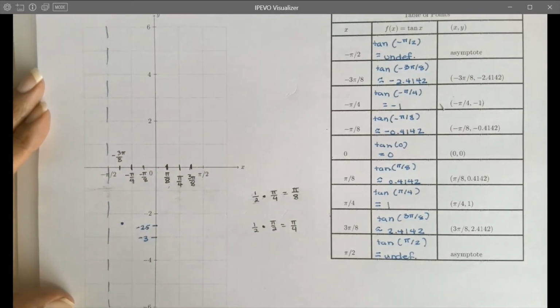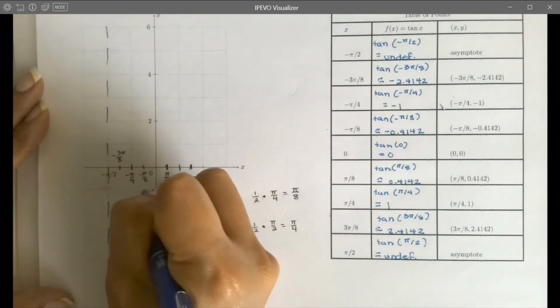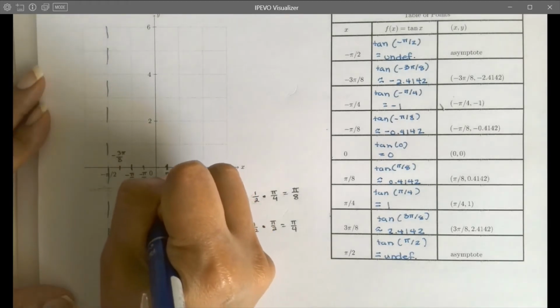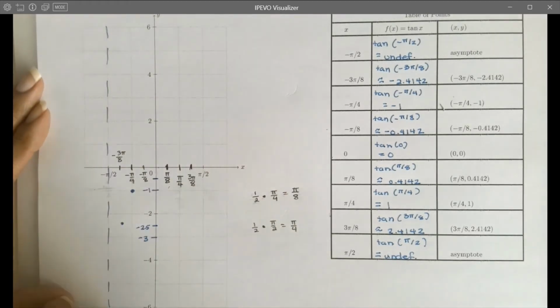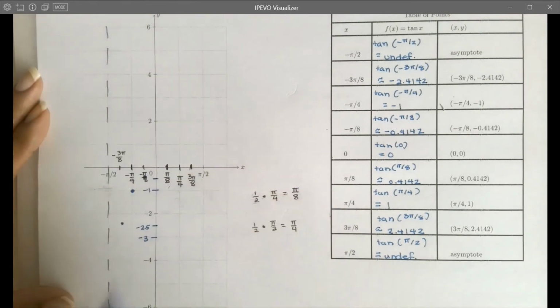Then negative pi over 4 comma negative 1. So here's negative 1. That means we'll get that point. Negative pi over 8 comma negative 0.4. Again, this is negative 0.5, so negative 0.4 is going to be right above it.